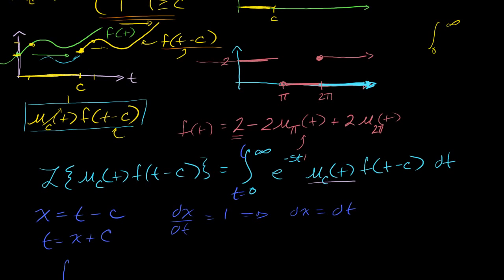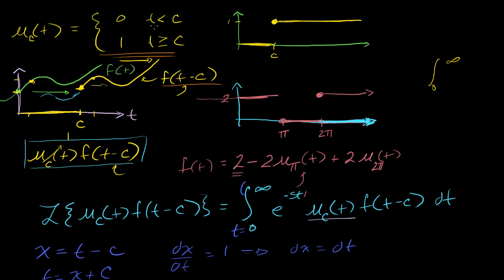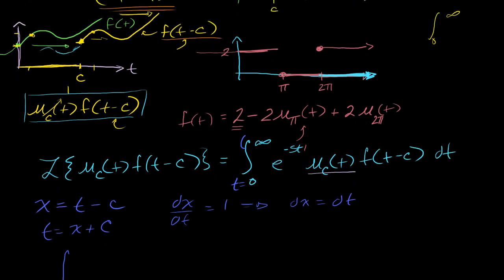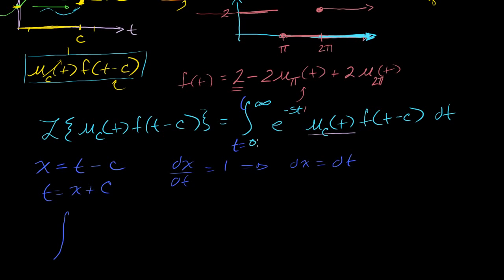By definition, this unit step function is 0 until we get to c. So everything's going to be zeroed out until we get to c. So we don't have to take the integral from t equals 0 to t equals infinity. We could take the integral, let me write it here, I'll just use that old integral sign.